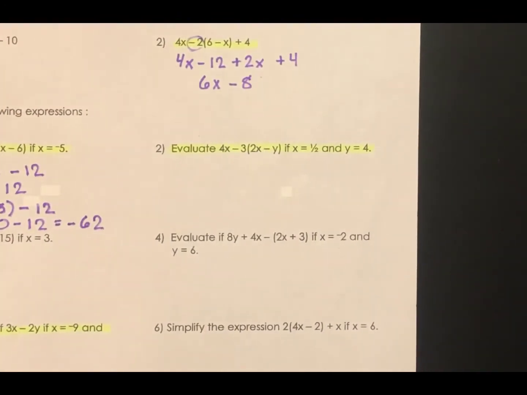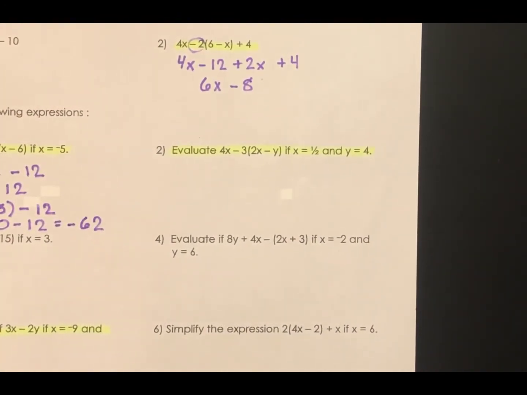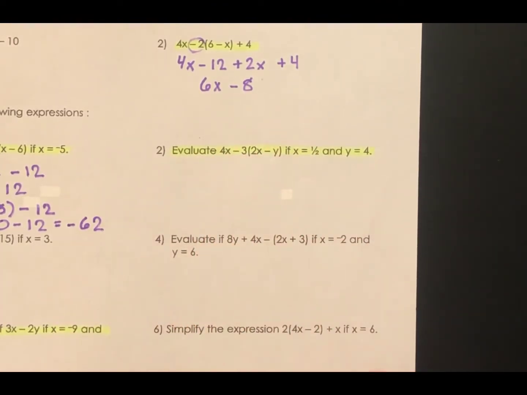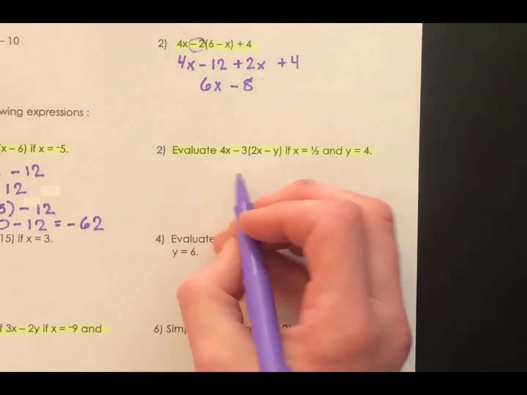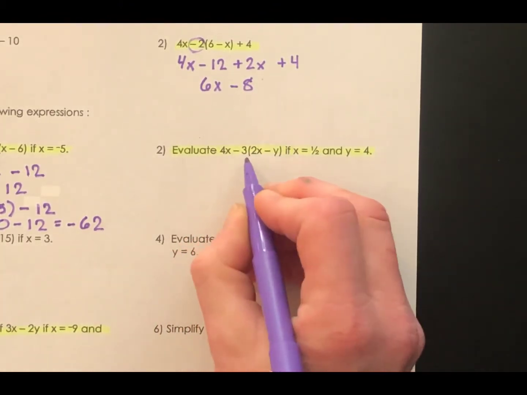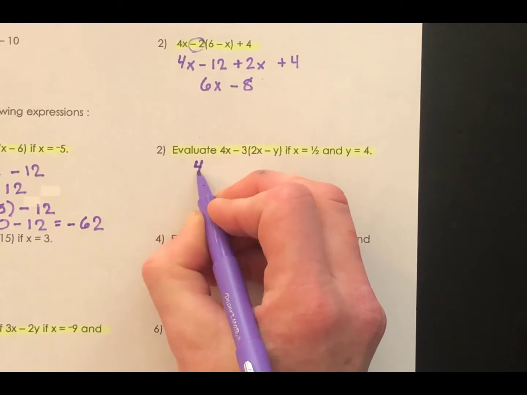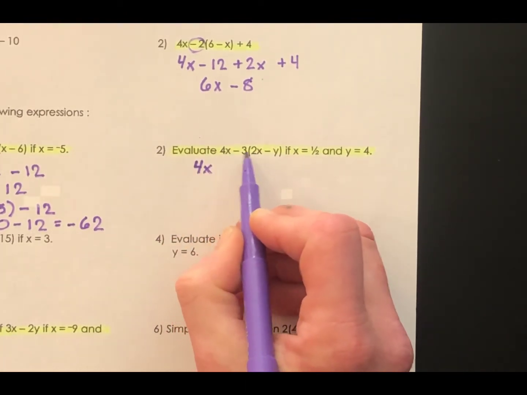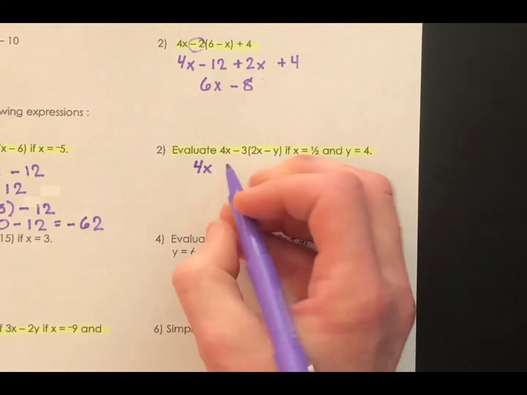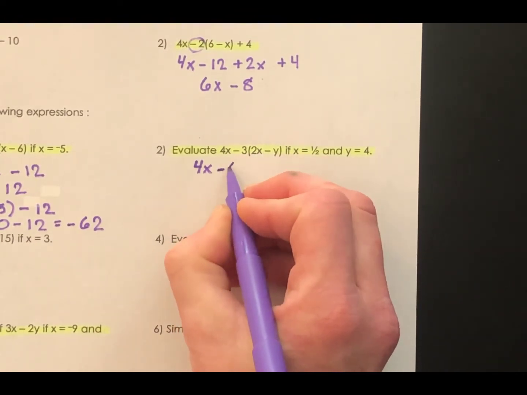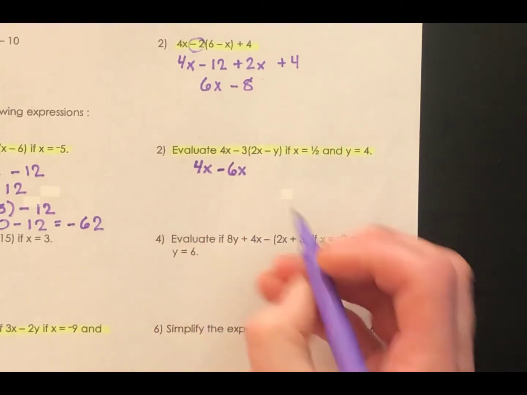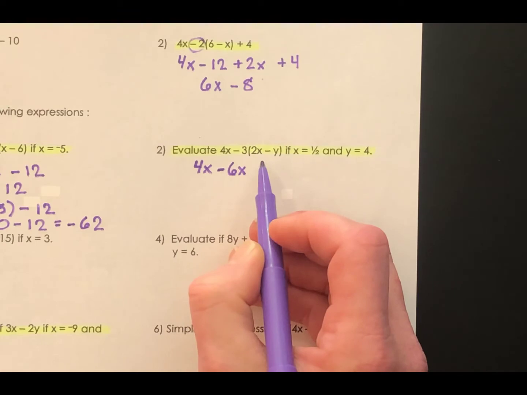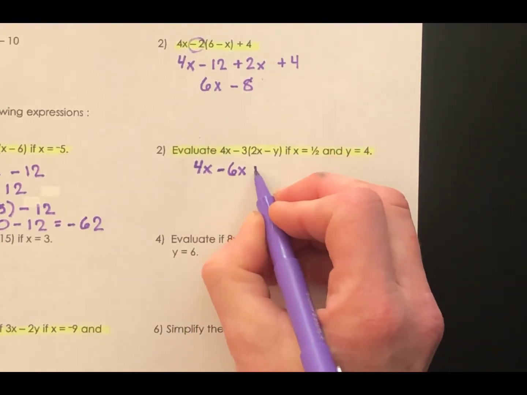Look at number 2. So remember, first I'm going to simplify it, and then I will substitute. So I'm going to rewrite this and get rid of the parentheses. So 4x, got negative 3 times 2x, negative 6x, negative 3 times negative y is positive 3y.